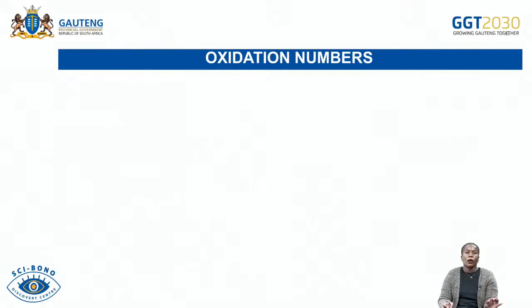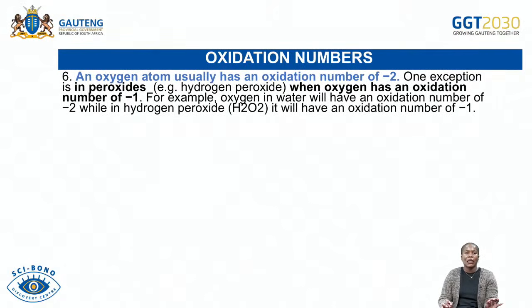Okay, moving right along, rule number 6: an oxygen atom usually has an oxidation number of -2. This is visible even when we assign charges based on the element's position in the periodic table. But there is an exception, of course.